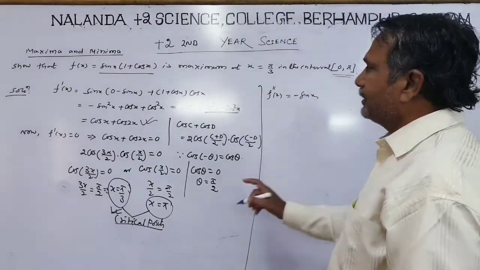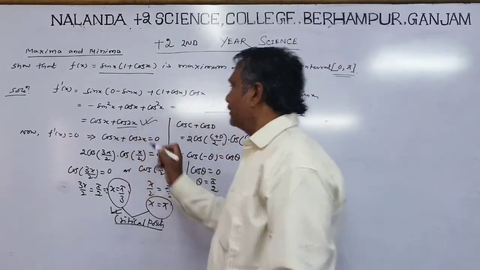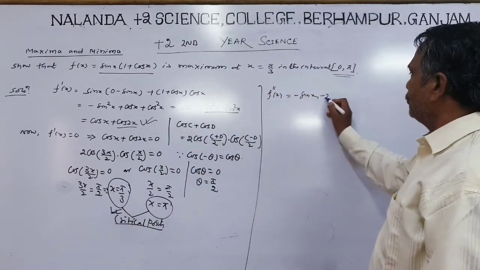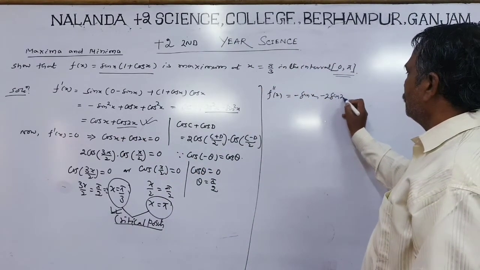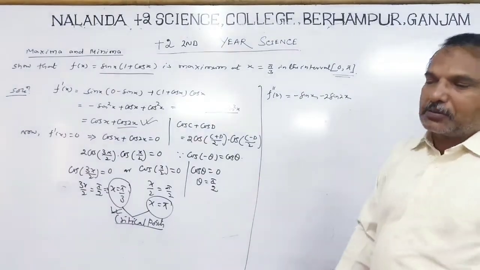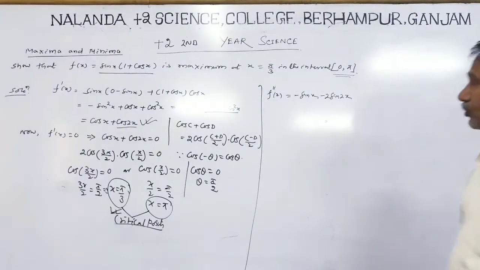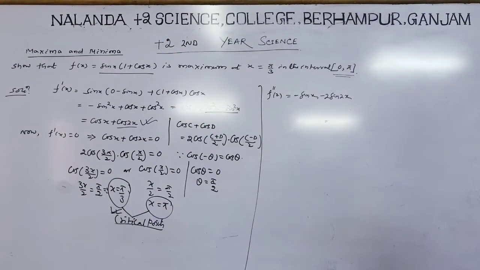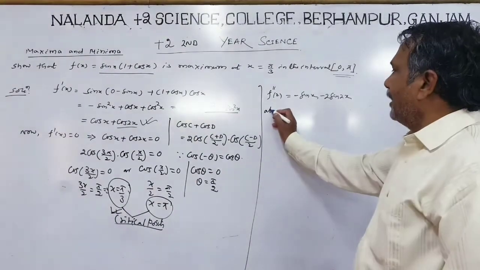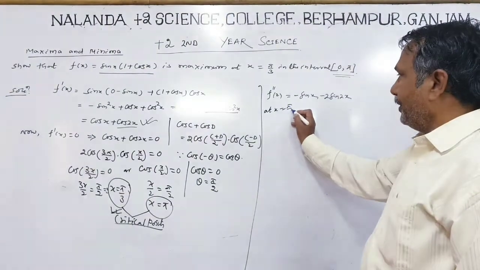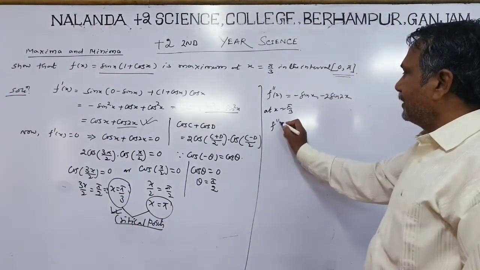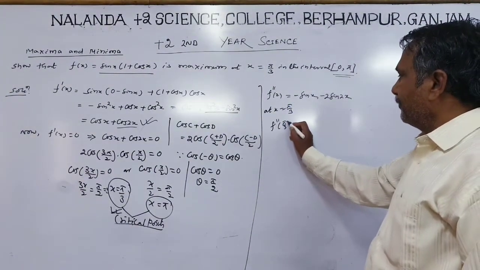And the derivative of cos 2x is minus 2 sin 2x, because the derivative of 2x is 2 by using the chain rule.